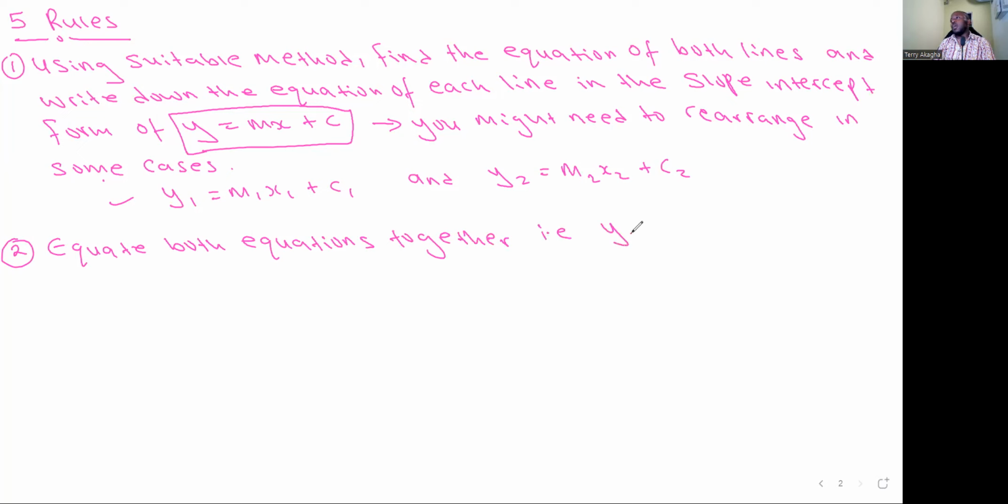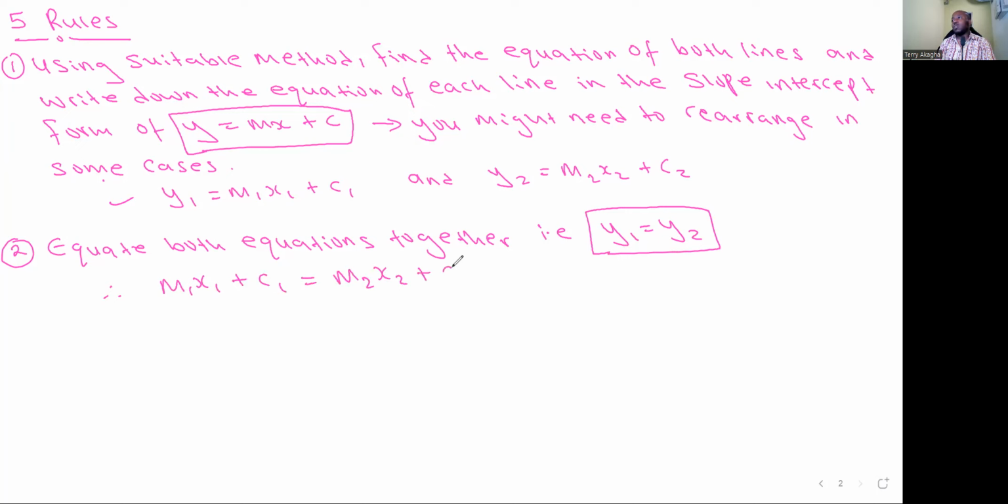So equate both of them together. That means you have m1 x1 plus c1 equal to m2 x2 plus c2. So if y1 is equal to y2, then this has to be equal to that: m1 x1 plus c1 is equal to m2 x2 plus c2.